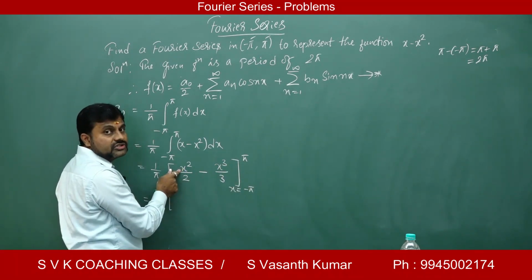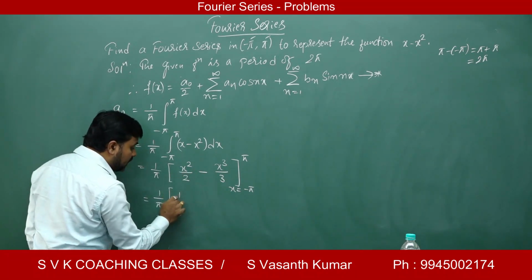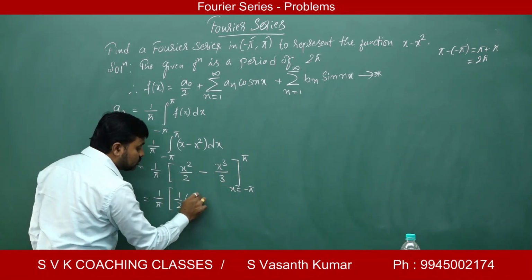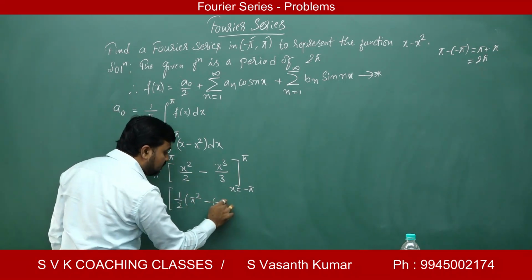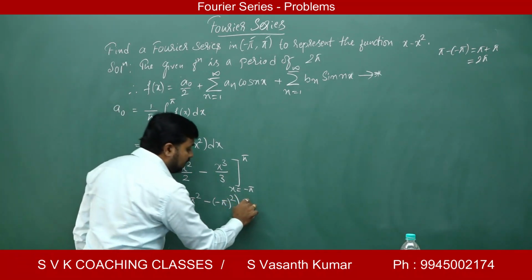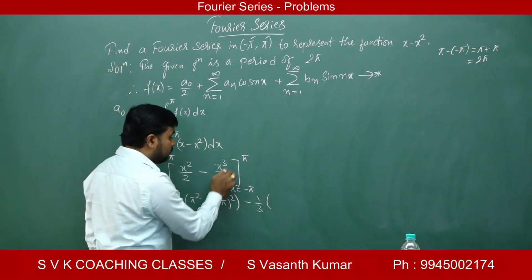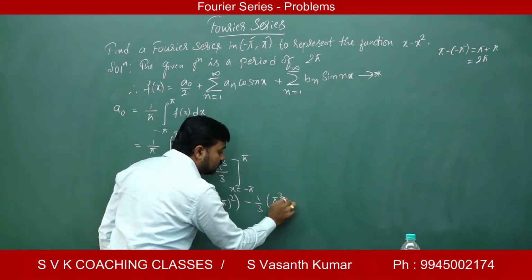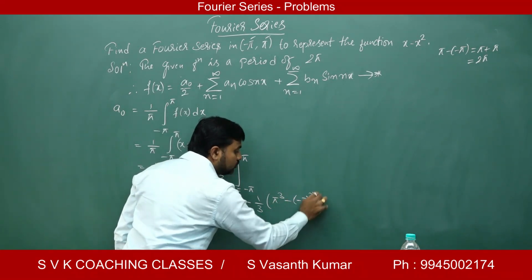So 1 by 2 times of upper limit pi square minus of lower limit minus pi whole square, minus 1 by 3 is constant, and now substitute the limits for x cube: pi cube minus of minus pi whole cube.